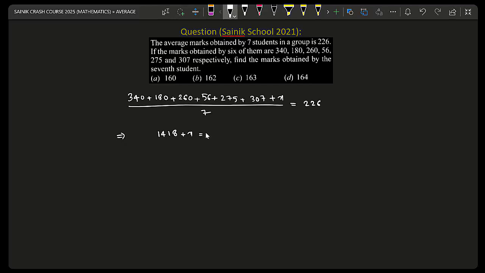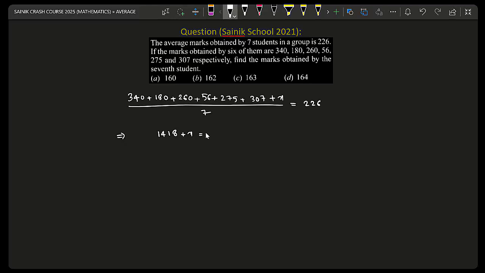Transpose 7 to the other side and it will multiply. 226 into 7. Do it. 226 into 7, how much? Why did you add?